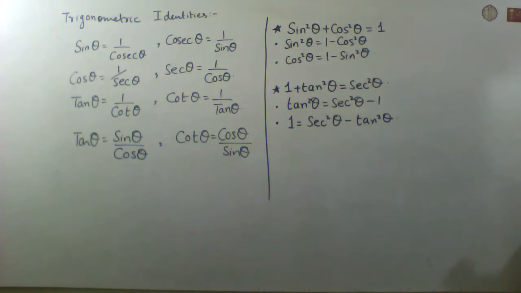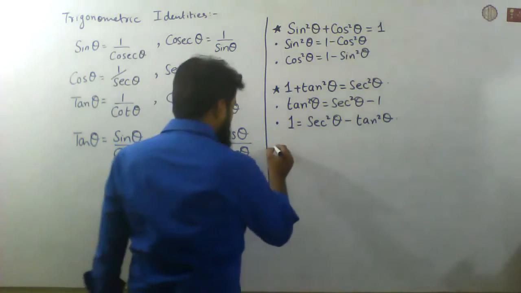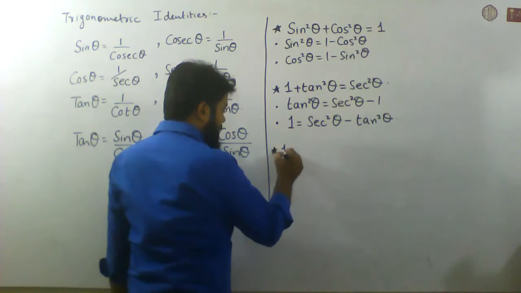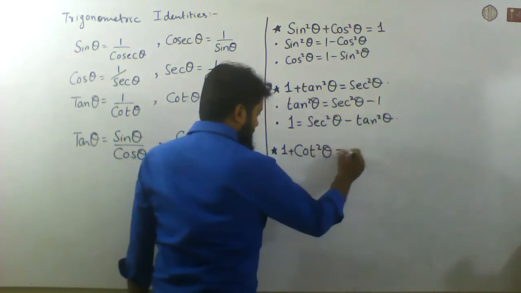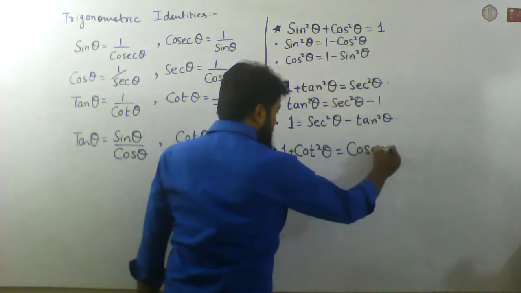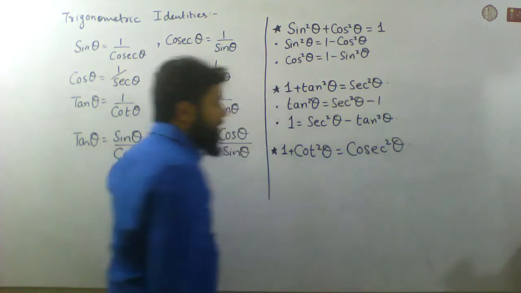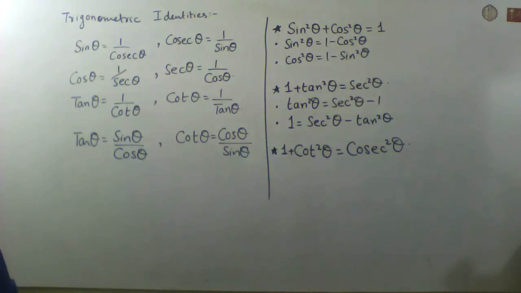Last one is 1 plus cot square theta equals cosec square theta.